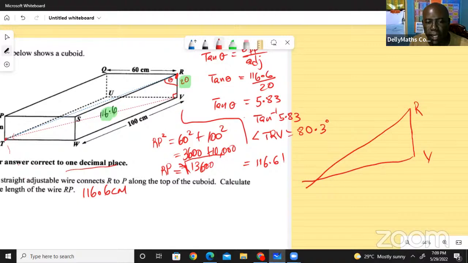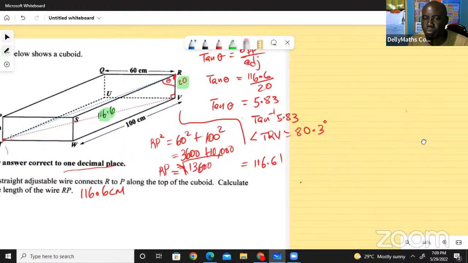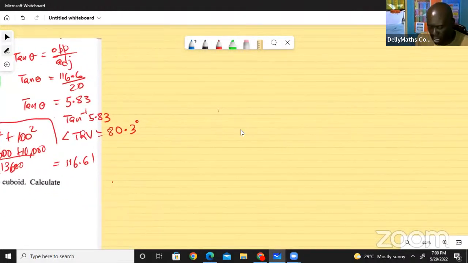And then there is a T here, all right? You know what? Let me move it from there. I need space. Let me get myself some space to just show you quickly what happened. Yes, I'll show you right here, so that you understand this last question.